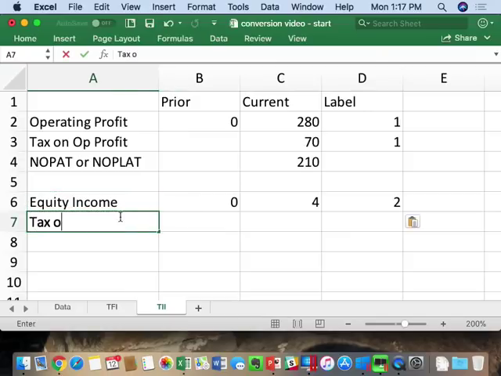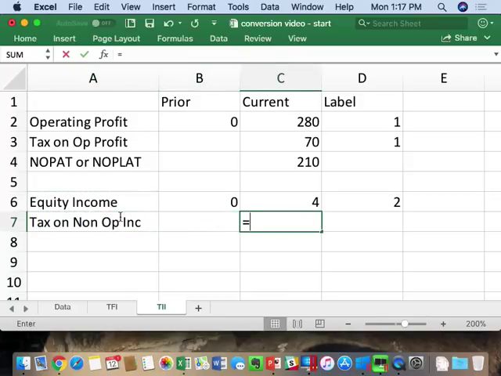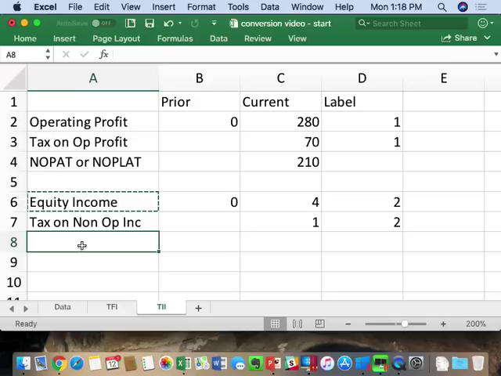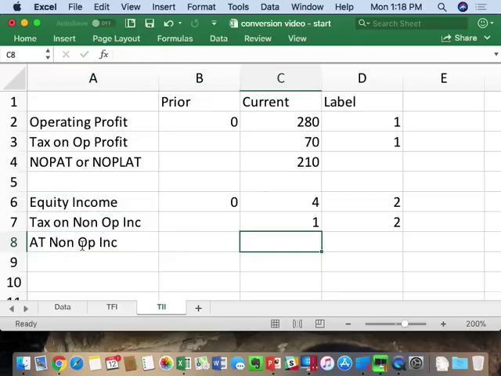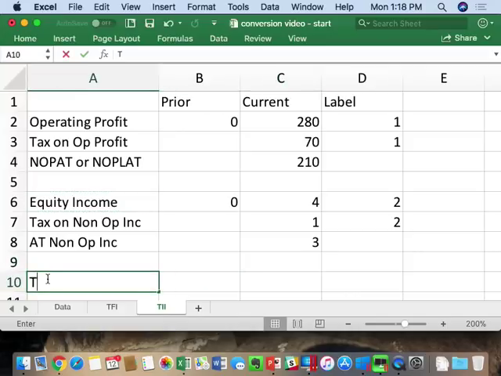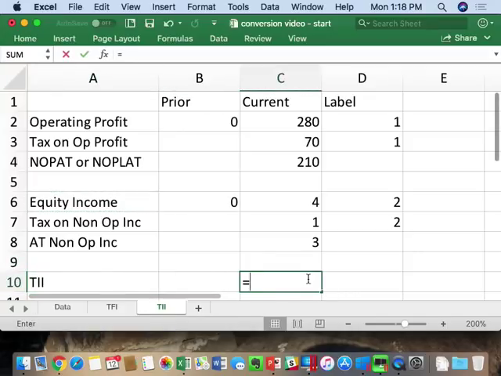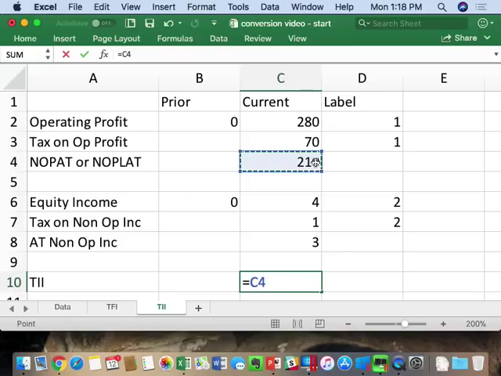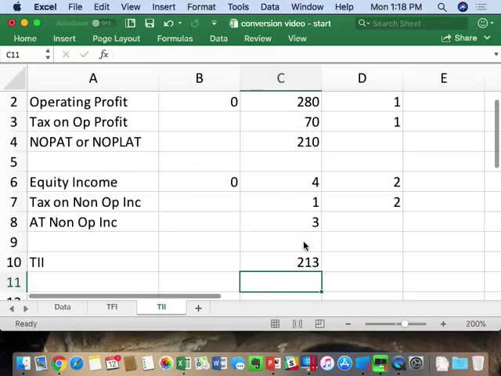I have tax on non-operating income equals that times the 0.25, after-tax non-operating income. TII, the operating plus the non-operating, 213.